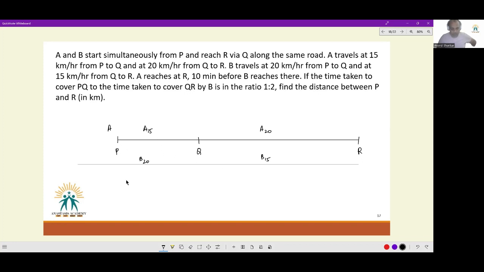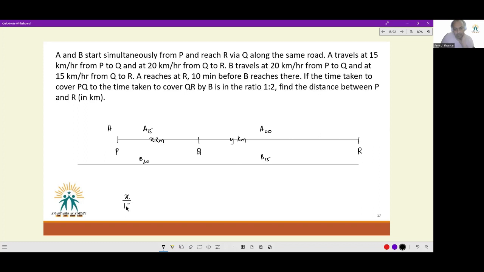So time taken by A will be... Let's say I'm calling the distance PQ x kilometers and QR y kilometers. Finally, I need x plus y, the final distance between P and R.